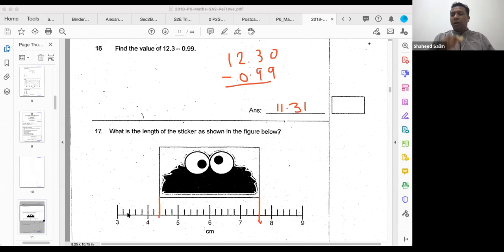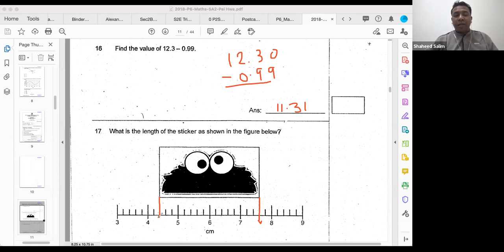1.6 is too small. Okay, let's see. Sorry, Mr. Akil, not correct.